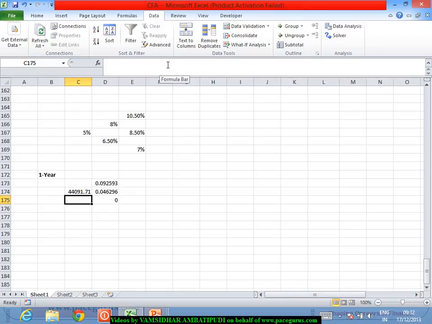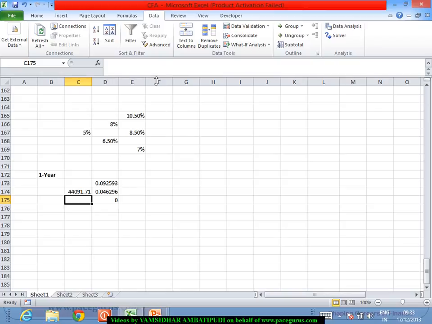This number is working out to somewhere around 44,000 as the value of a 1 year caplet. The 1 year caplet is going with the value of around 44,000.